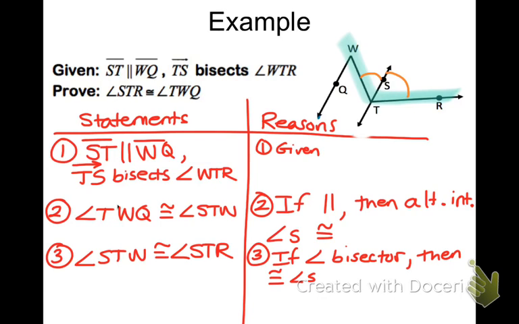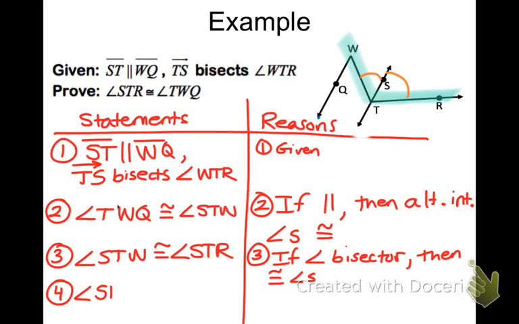Last line. So angle TWQ is congruent to angle STW. Angle STW is congruent to angle STR. I want to prove that STR is congruent to TWQ. So what property is that? Transitive. And because I don't feel like doing the symmetric property, I'm just going to write it the way that the proof is, so I don't have to flip it.